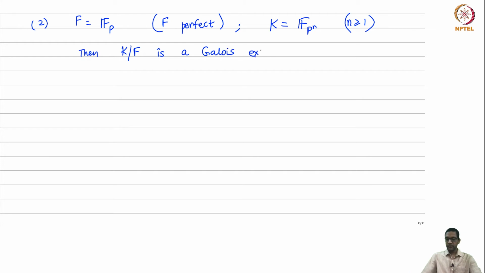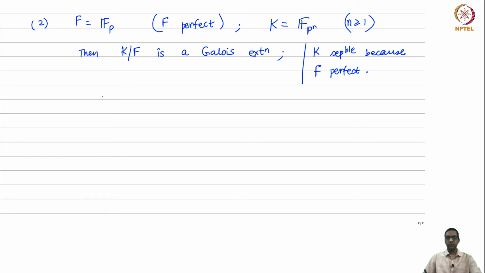Well, as I just said, K is separable because F is a perfect field, and K is of course a finite extension of F, so it's definitely an algebraic extension. So this is the automatic property.